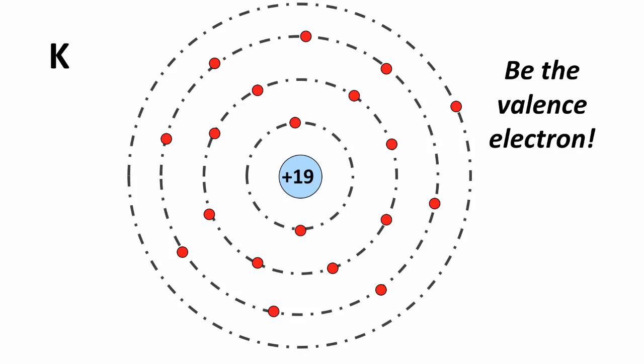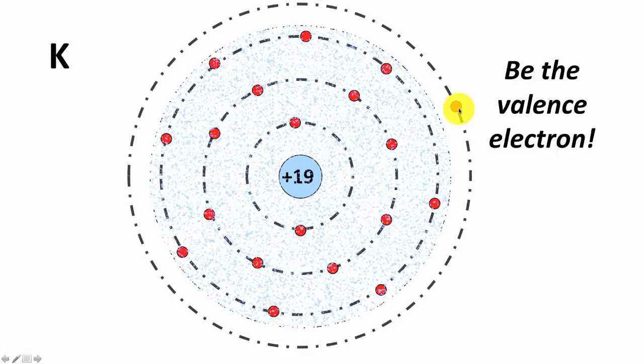Now, what about if we go to a different row of the periodic table, in this case the element potassium? It has atomic number 19, so it has 19 protons and 19 electrons, and in this case it has a first energy level, a second energy level, and a third energy level that are core electrons, and then a fourth energy level that has 1 valence electron.